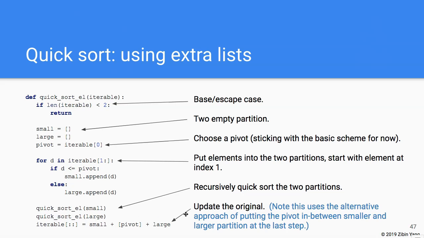And that's it. It's pretty straightforward. This implements the alternative approach that we discussed earlier, where we put the pivot in between the small and the large partition at the last step. Okay, and I hope this makes sense.